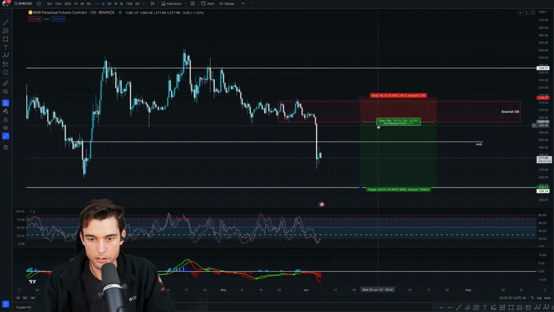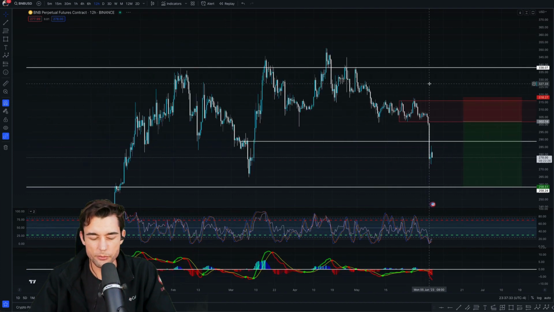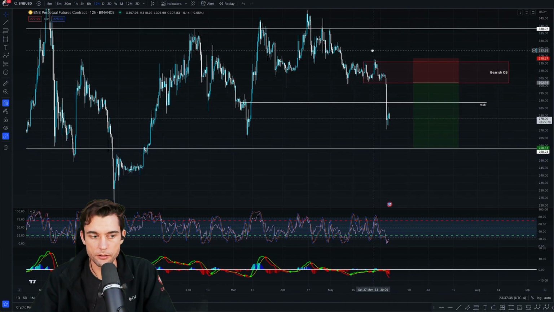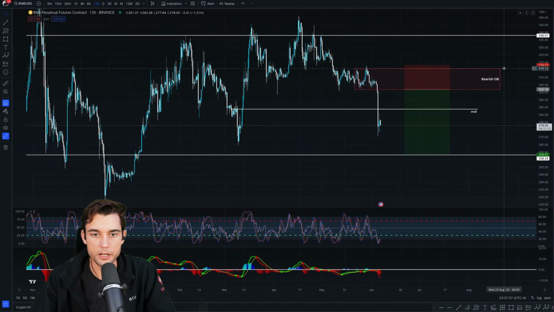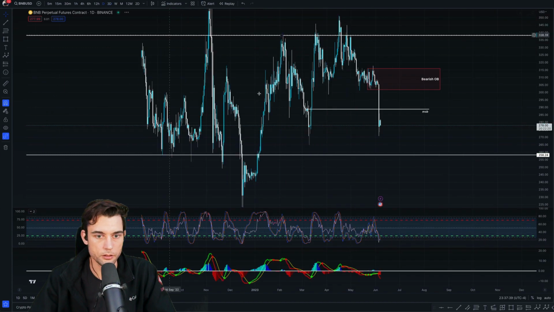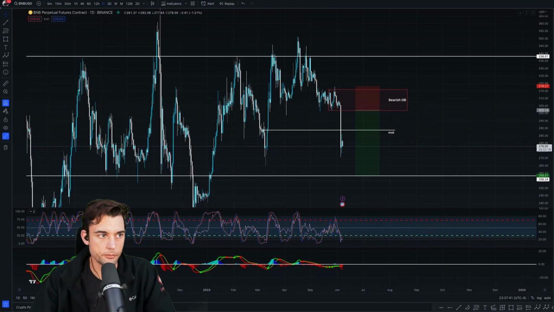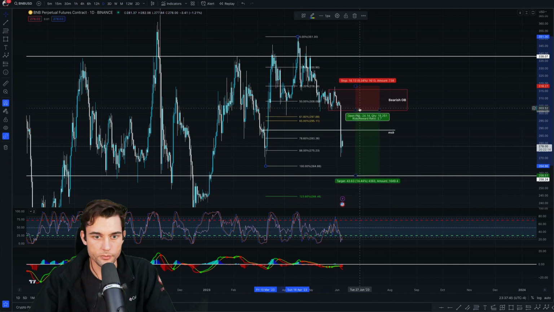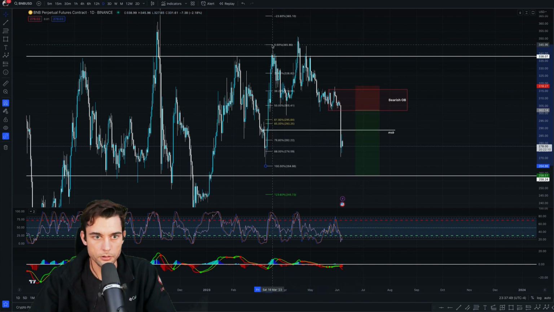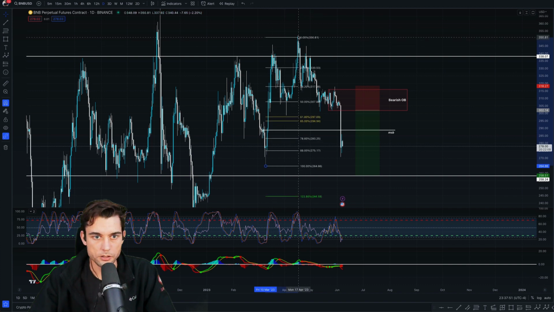This would be my trade for BNB. I would also look at this time frame right here, bottom to the top, and actually that's pretty crazy.